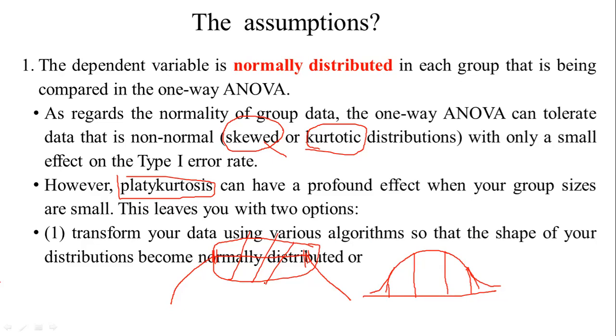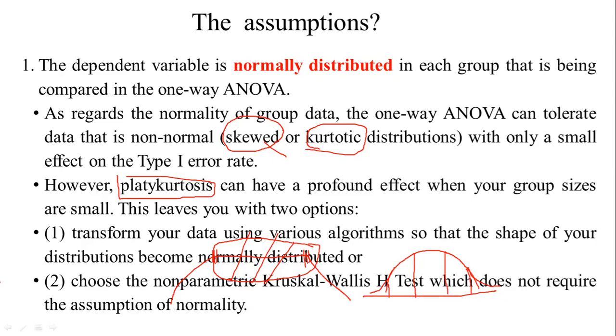Or you'll have to use non-parametric statistics such as Kruskal-Wallis H-test, which does not require the assumption of normality. So it's very important that you make sure that your data, especially the dependent variable, is normally distributed.